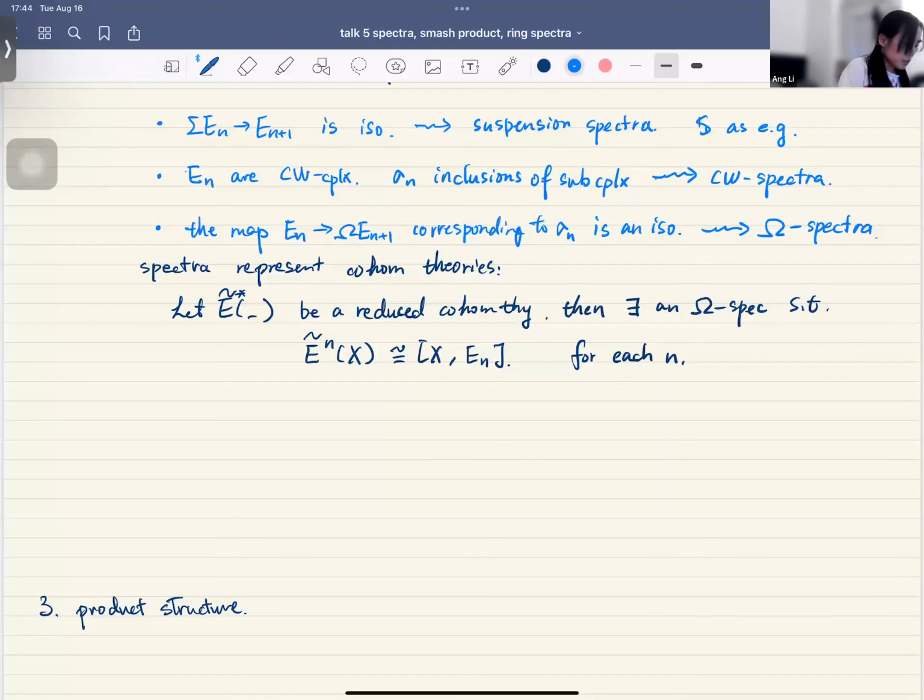An example of that, well, I'll give three examples instead of one. If your cohomology theory is ordinary cohomology with coefficients in an abelian group A, then the spectrum you get is the Eilenberg-MacLane spectrum.